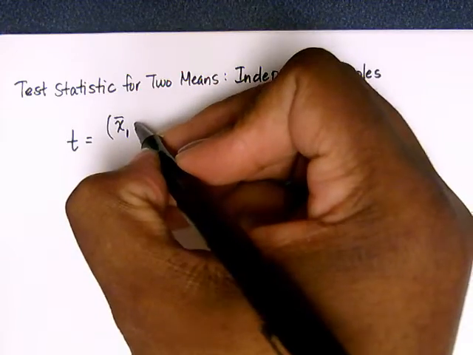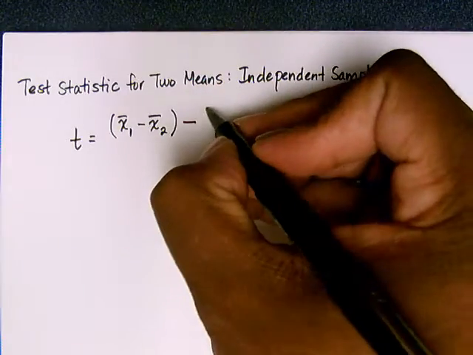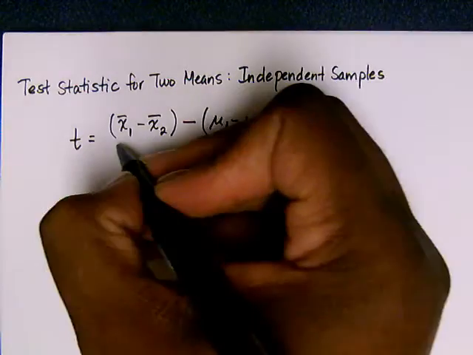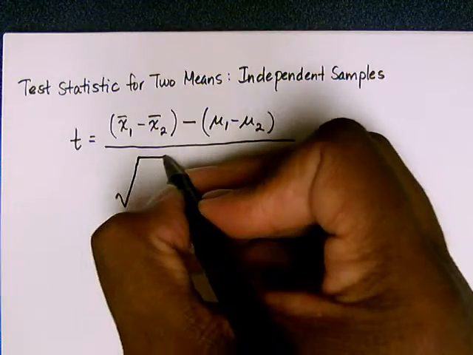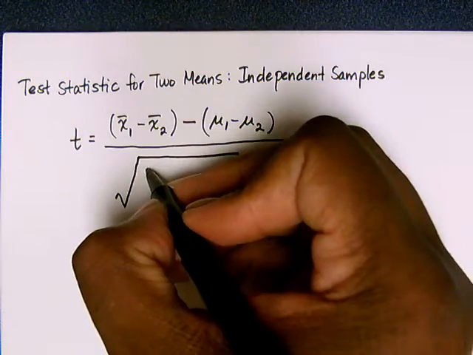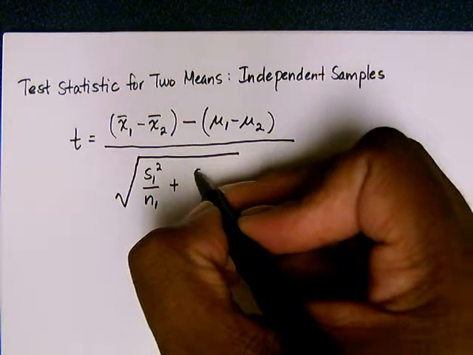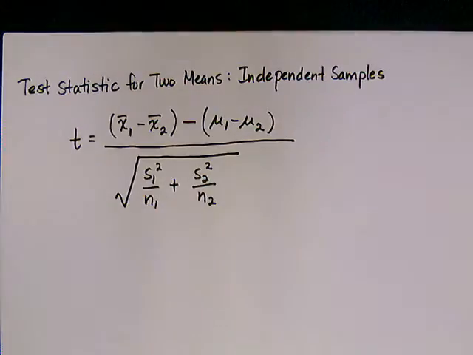That's going to be x1 bar minus x2 bar minus mu sub 1 minus mu sub 2, divided by the square root of s1 squared over n1 plus s2 squared over n2.